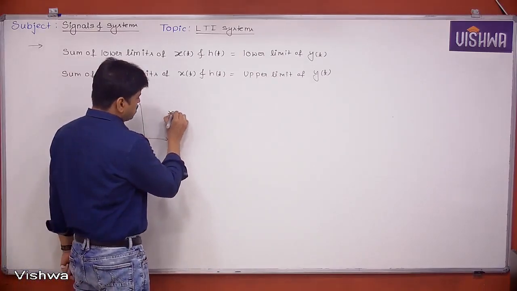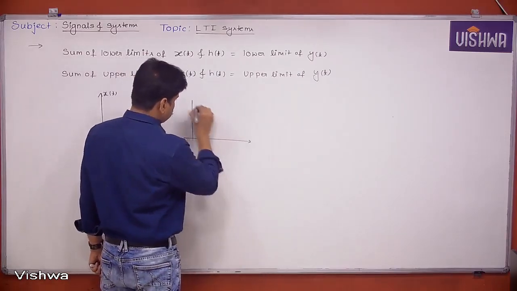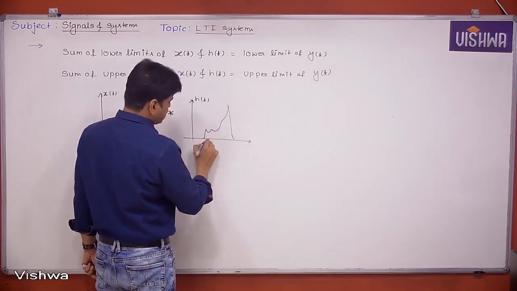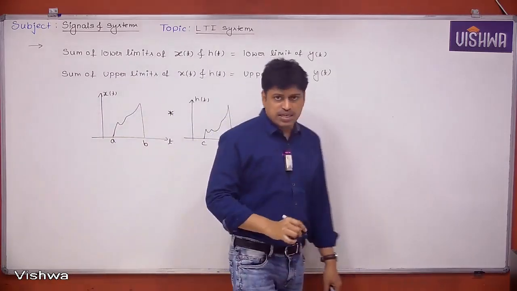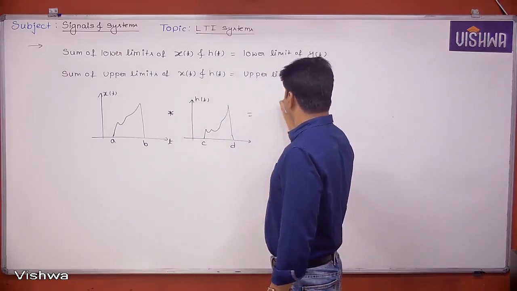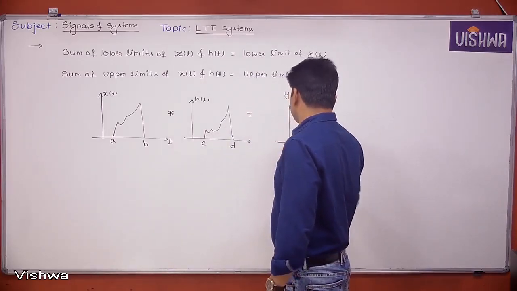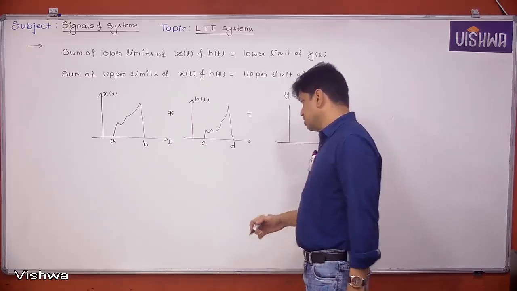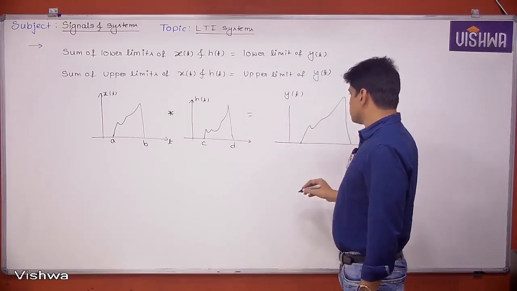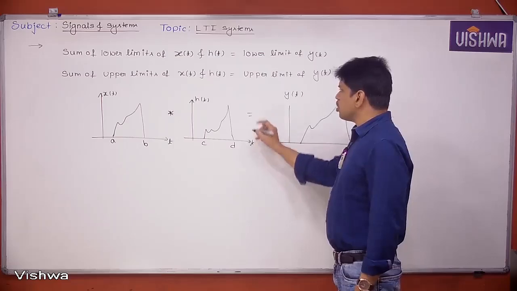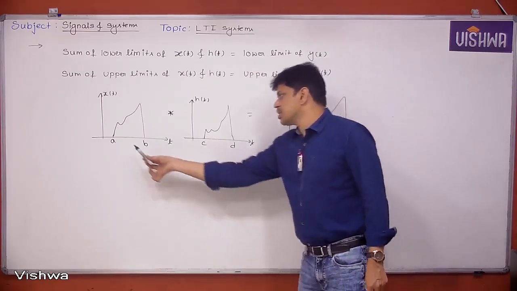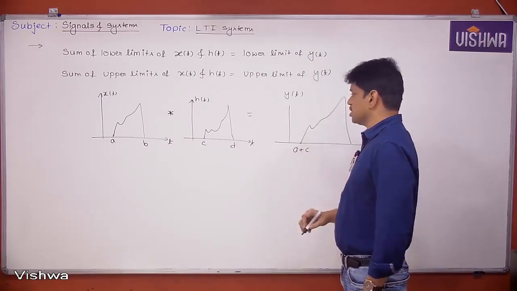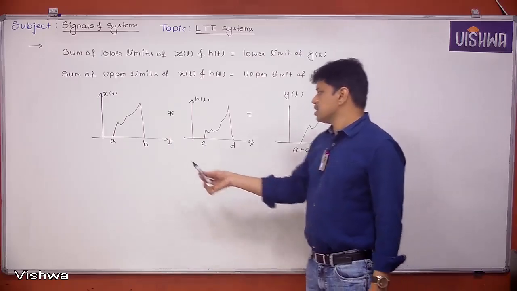If it is convolved with h of t, which is some other signal existing from c to d, then y of t is some arbitrary signal. From this property, the lower limit of y of t is a plus c, and the upper limit of y of t is b plus d.